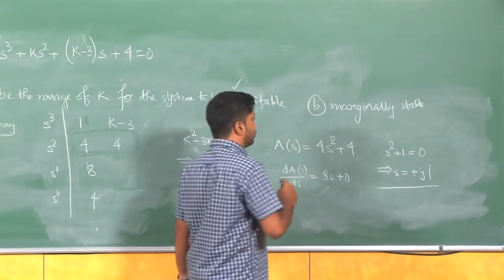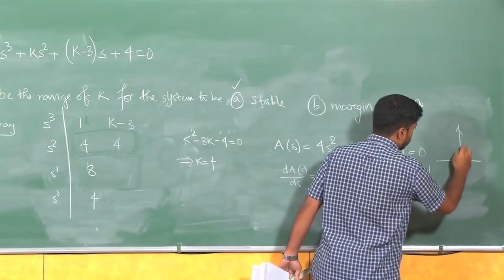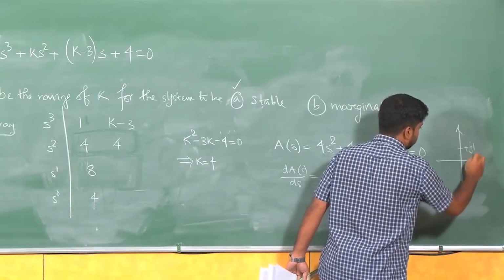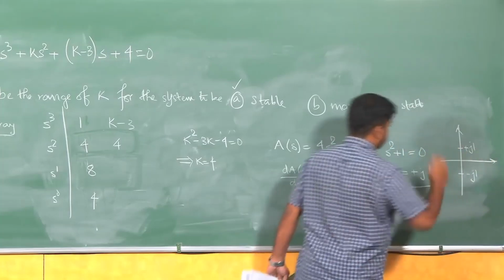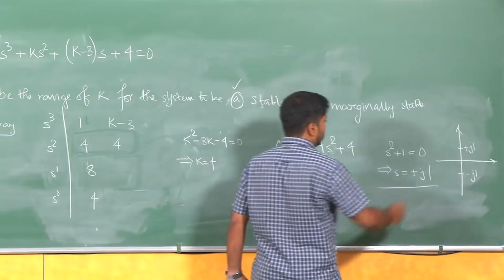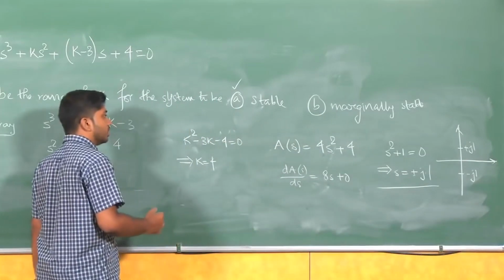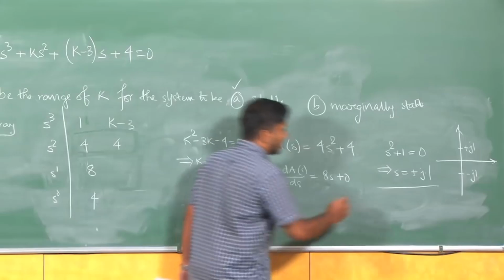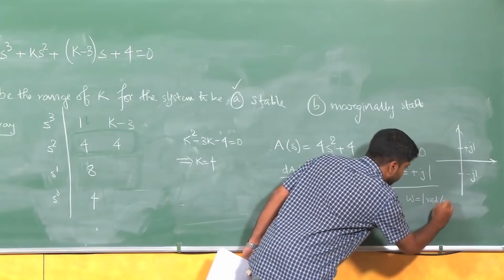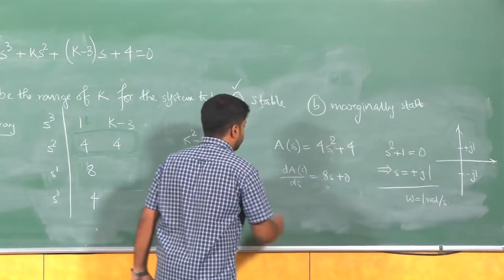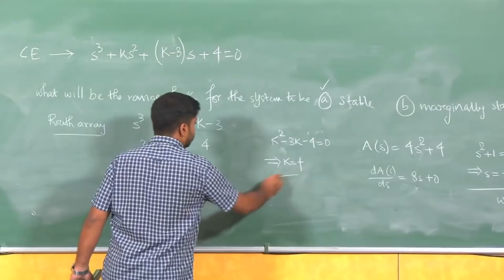So, there are two roots on the imaginary axis at plus j1 and minus j1. The system is marginally stable, oscillating at the frequency omega equal to 1 radian per second. So, k will be 4.